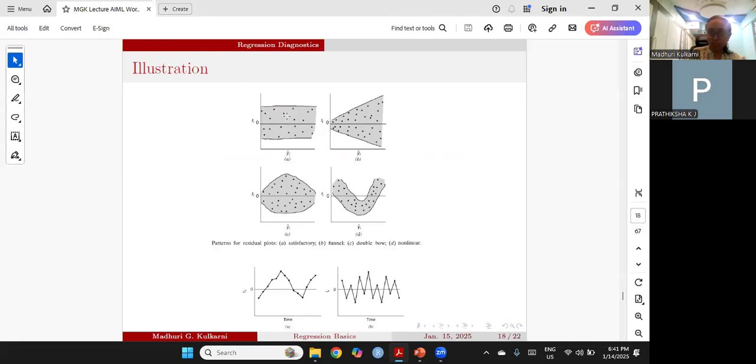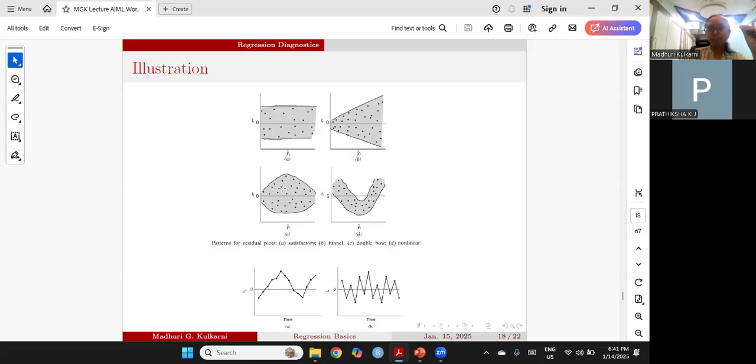In the first graph, all the values lie in a horizontal band and there is no pattern in the plotted values. So we can say that the residuals are uncorrelated. Whereas in the rest of the graphs, you can see patterns. This is an opening funnel kind of thing. This is a bow kind of thing. So there is a pattern in the graph.